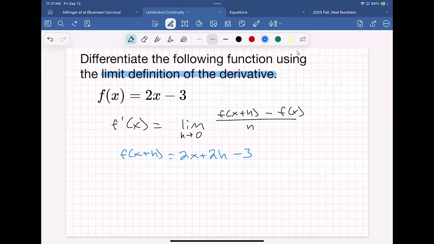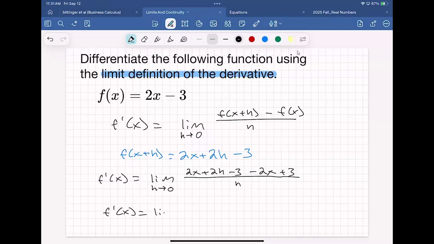The nice thing about this, hopefully you're already thinking, I should be seeing a 2 when I'm done, because as I go through this, f prime of x, or the differentiated version of our function, equals 2.